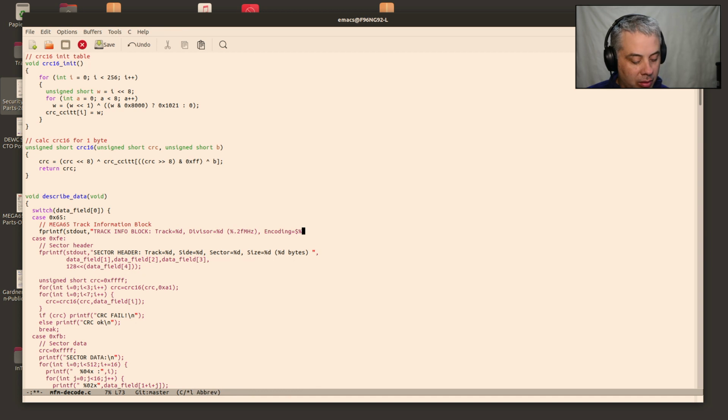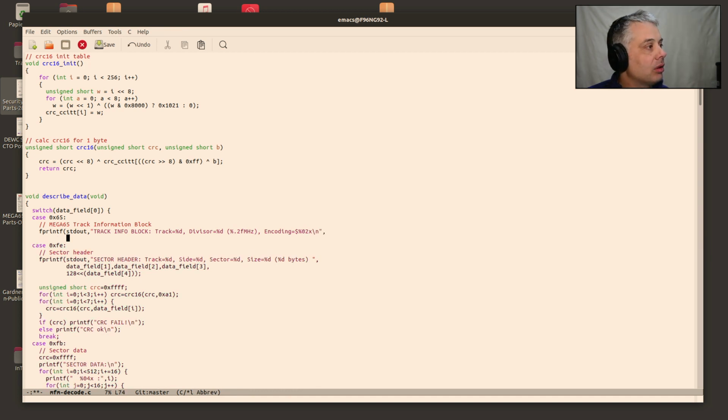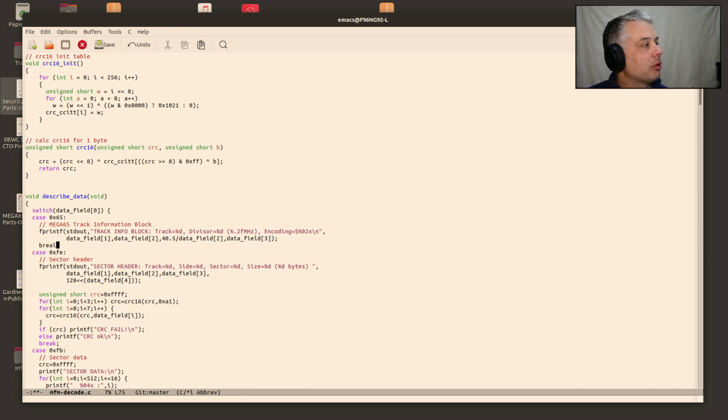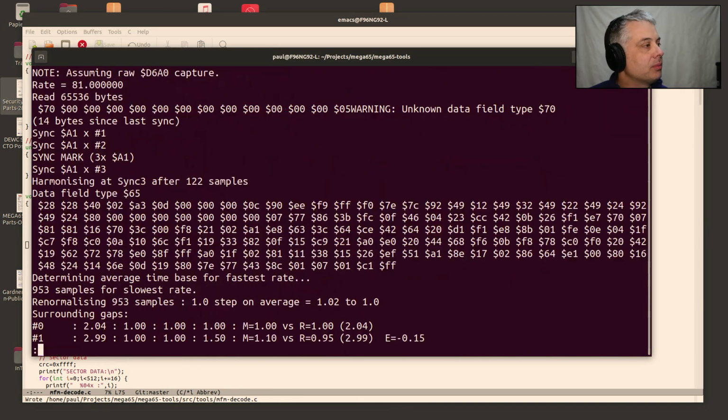Encoding is %02X. Okay, data field 1, data field 2, 40.5 divided by data field 2, that will get the megahertz, and the encoding is data field 3. And remember to put a break in so that we don't have endless entertainment.